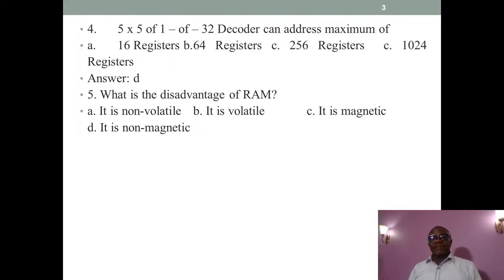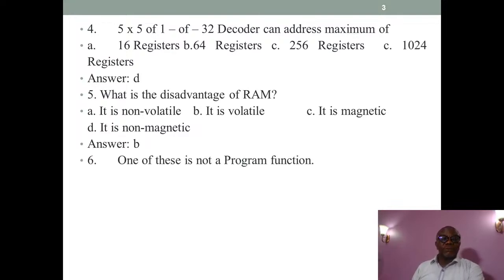And that was what we termed volatile. So it is a disadvantage in the sense that if you are doing some work and you didn't save it in the secondary memory device, if your power goes off, the whole thing you are doing in the RAM will be gone. So the disadvantage is that it is volatile, and our answer is B.